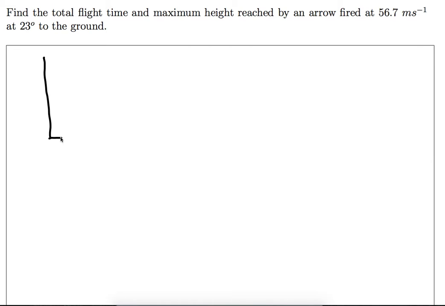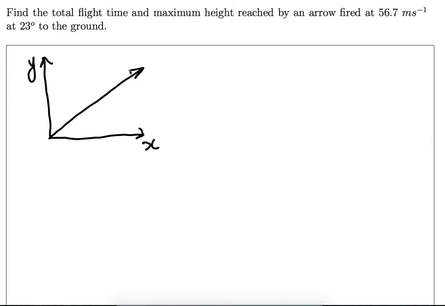more of a graph. So we've got the x direction and the y direction. We've got the fact that the archer fires the arrow at an initial velocity of 56.7 meters per second at 23 degrees.